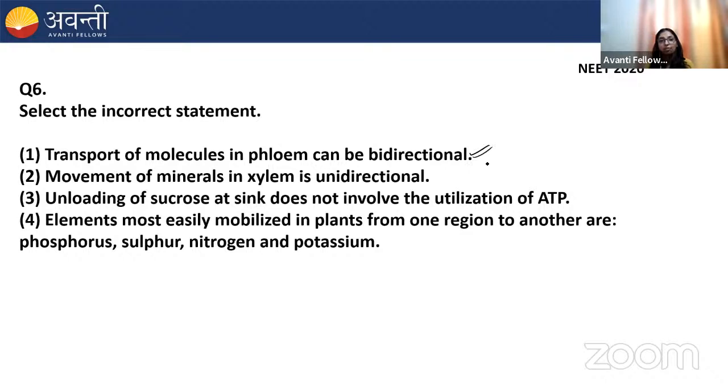Yes. In phloem, the transport is bidirectional. But in xylem, the transport is unidirectional. Remember this: phloem bidirectional, xylem unidirectional.